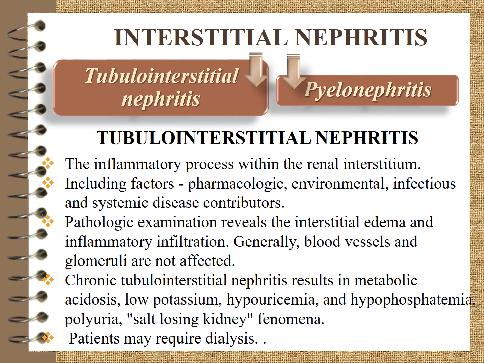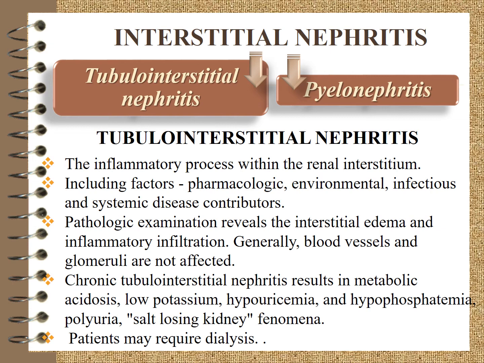The most frequent types of interstitial nephritis are tubulointerstitial nephritis and pyelonephritis. Tubulointerstitial nephritis: common causes include infection or reaction to medications such as analgesics or antibiotics.